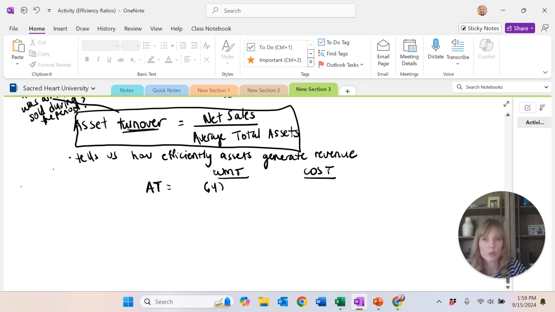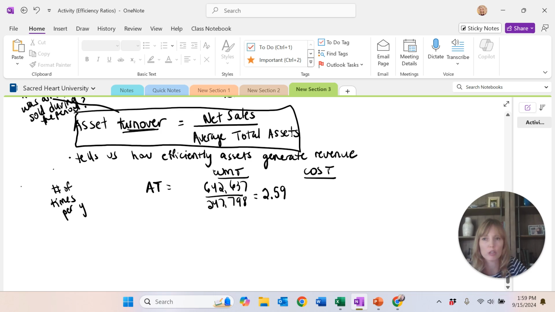Walmart sales were 642,637, and its average total assets were 247,798. This gives Walmart an asset turnover of 2.59. And what's important is to be able to interpret these ratios. So this is not a dollar amount. Turnovers are always a number of times. Typically, we're saying a number of times that an item was sold per year, per the accounting period.